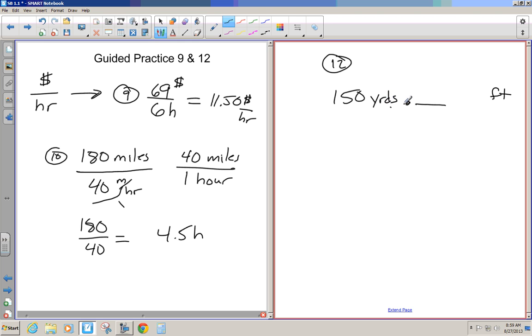We need to cancel out a numerator by putting something in the denominator. Numerator, denominator, they cancel out. And what are we looking for? Well, we want to have feet. So all of you should hopefully look in the back of your book or know that there are 3 feet for every 1 yard. So when we work this out, you should end up with 450 feet.